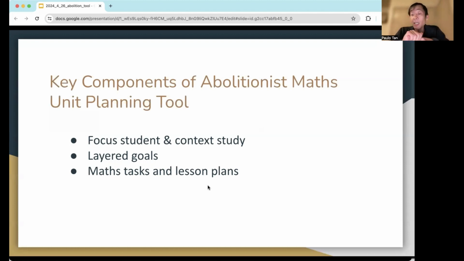This is a study that I have prospective teachers engage in. Layered goals is the second component, and the third component is math tasks and lesson plans. What's upcoming are the details of these components.